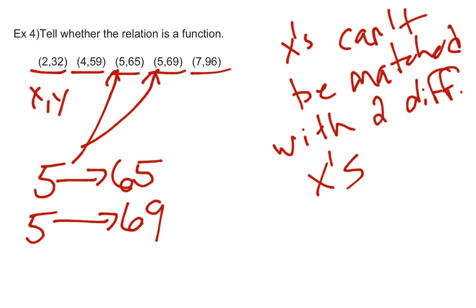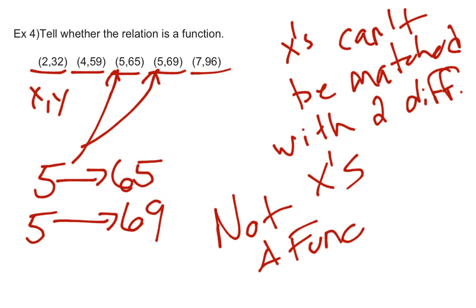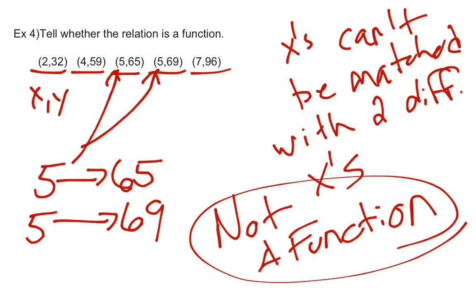Because it's matched with two different y's, even though they are a relation, we say that this is not a function. For something to be a function, you can't have any repeats. It can only be matched with one thing at a time. So as soon as you see the 5 matched with two different numbers, that says that's not okay. That's not allowed. So that's our lesson on functions and relations.